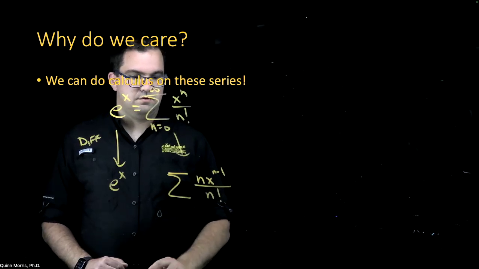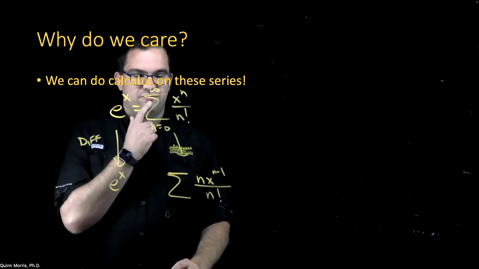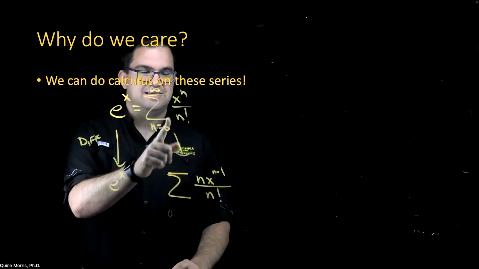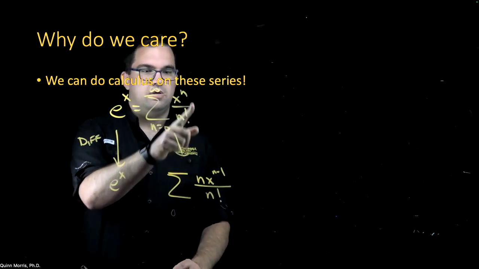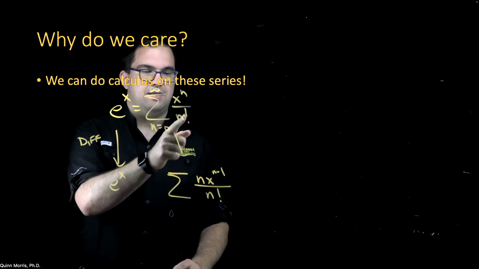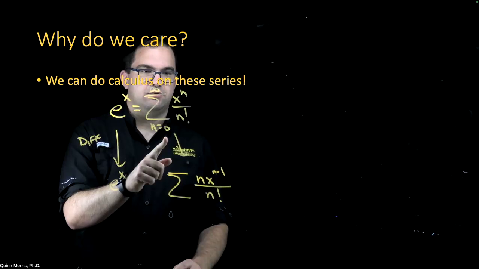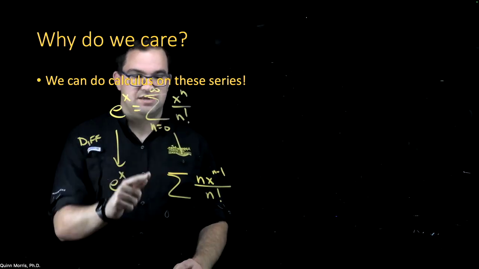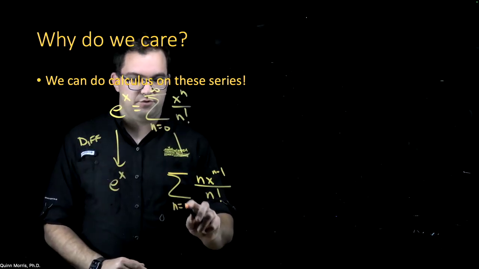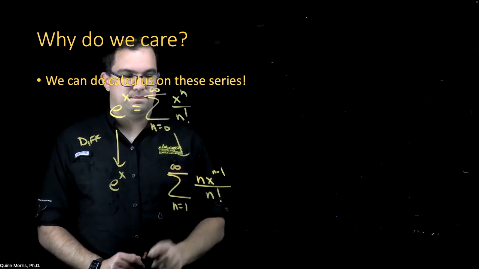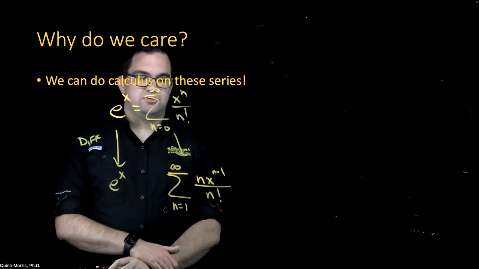Okay. And this would work everywhere except when n is equal to 0. When n is equal to 0, this actually is just x to the 0 divided by 0 factorial. That's just 1. Okay. So when n is equal to 0, the derivative is just 0. So we actually just drop off the 0th term. Okay. And so we get this expression for the derivative.